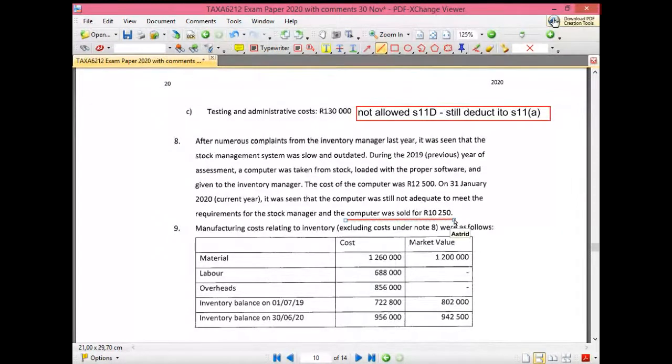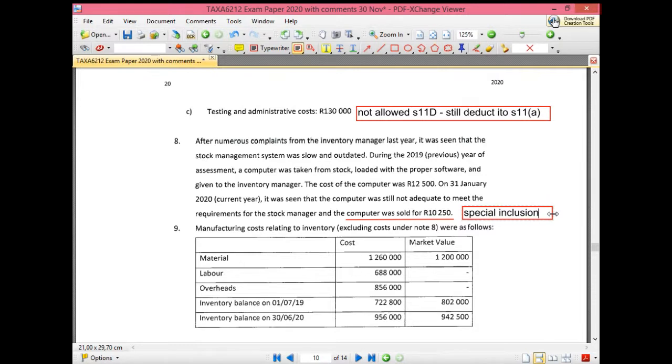Now, because it was taken from stock and given to the manager, this would be a special inclusion for items that are similar to trading stock. So this is a special inclusion that you included into your gross income as if it was trading stock that I've sold, because it would no longer form part of your trading stock.